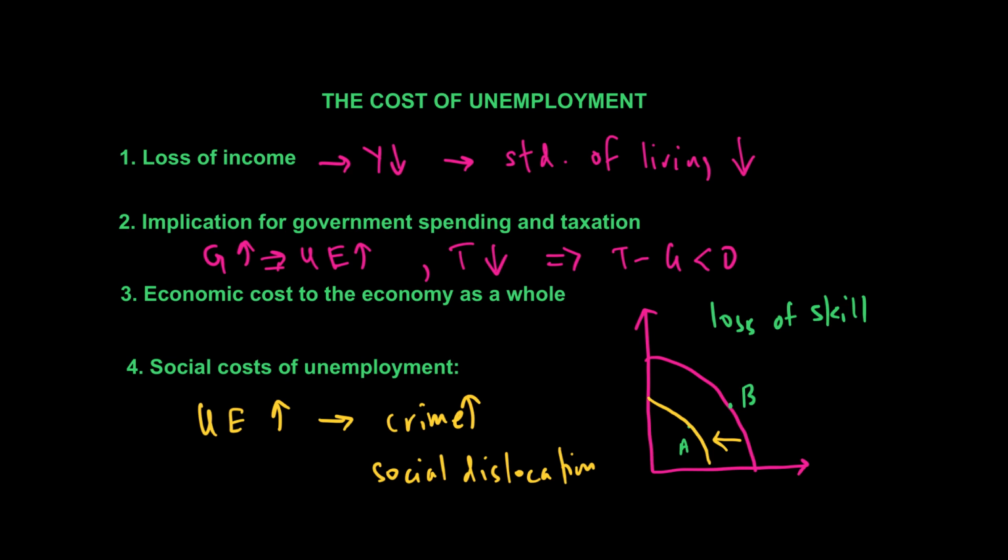There will be a worsening of health indicators and of life expectancy indicators, so poor health indicators will also be associated with rising unemployment. So these are the reasons why it is important for us to fix unemployment and adopt policies that can lower unemployment in an economy.